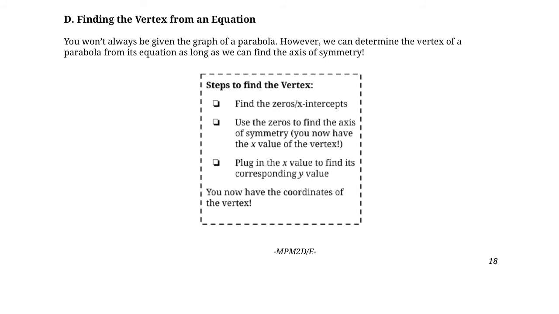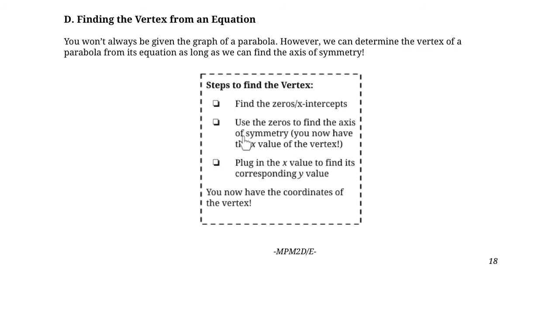And so the way that we find x-intercepts is we try to factor the equation and then we solve for the x-intercepts. Once we have the x-intercepts, remember that you can average them out in order to find the value for your axis of symmetry. If you have the axis of symmetry, remember, it's the same as the x value of the vertex.